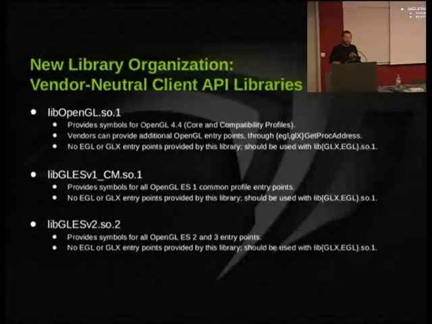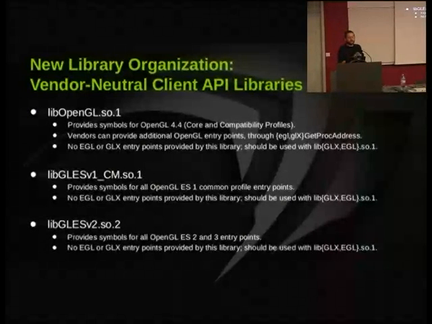So libOpenGL would provide, we just need to pick, somewhat arbitrarily, what set of OpenGL entry points libOpenGL will provide. That doesn't make any guarantees about what OpenGL versions the vendors need to support, but we just need to pick a set of symbols.